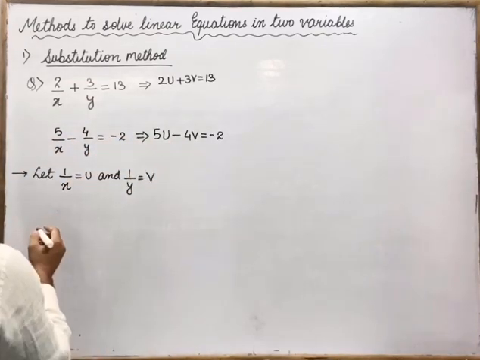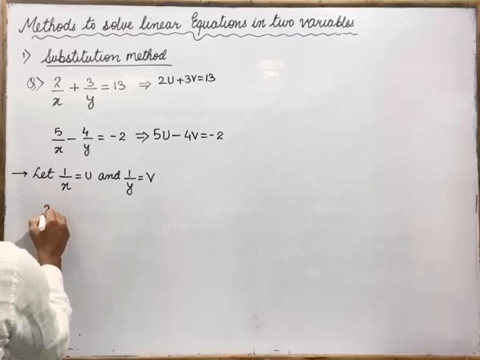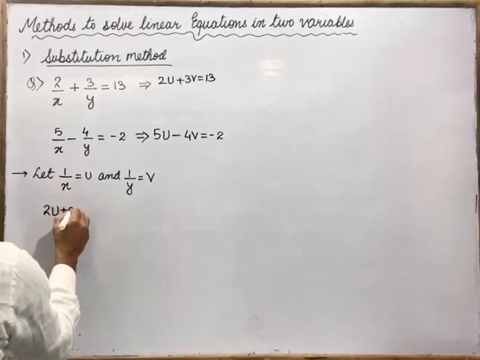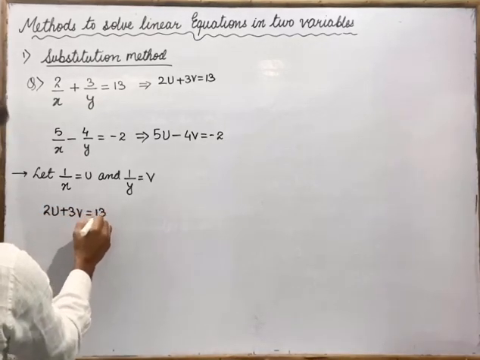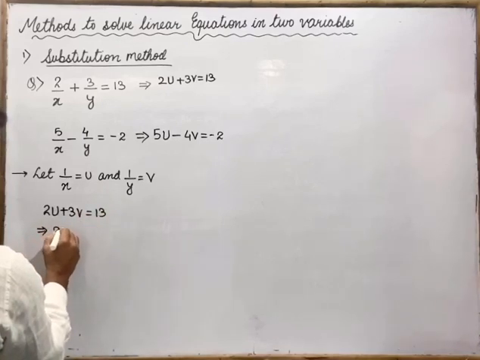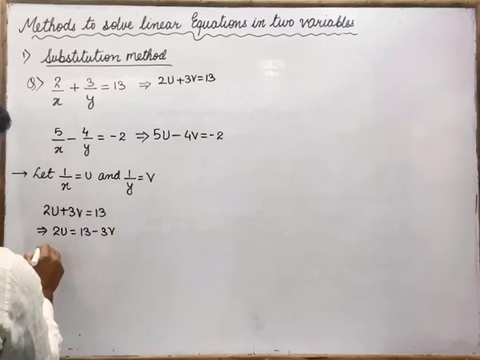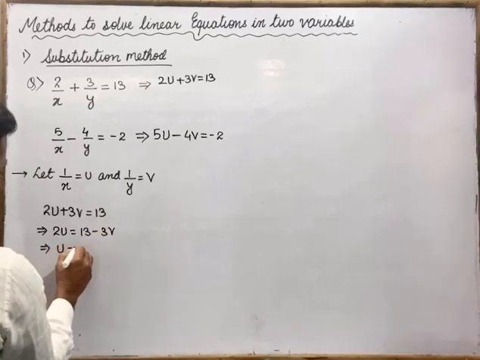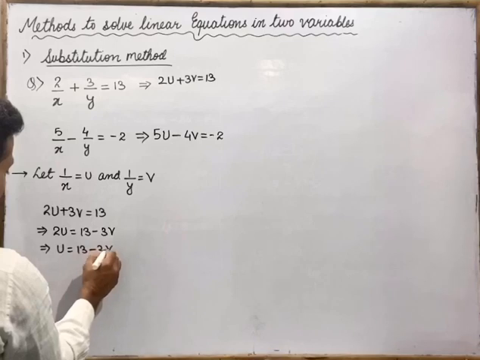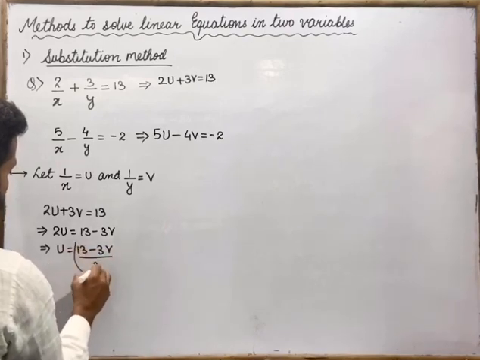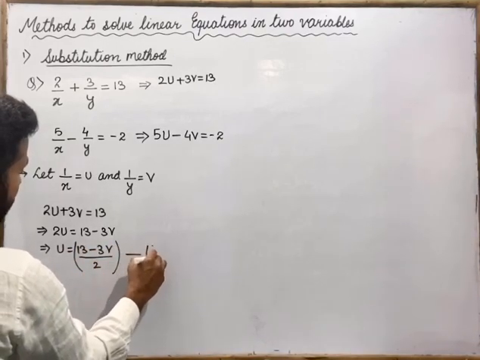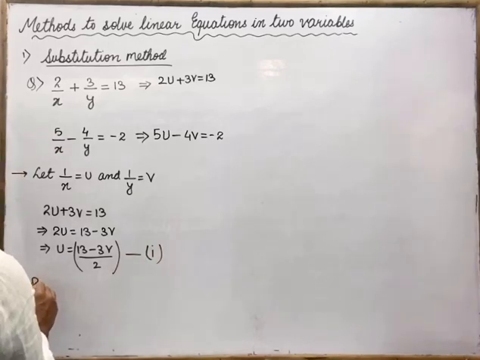Now let us begin the substitution method. The first equation was 2u plus 3v equals 13. So 2u equals 13 minus 3v, and u equals (13 minus 3v) by 2. This is the value of u that you have got.